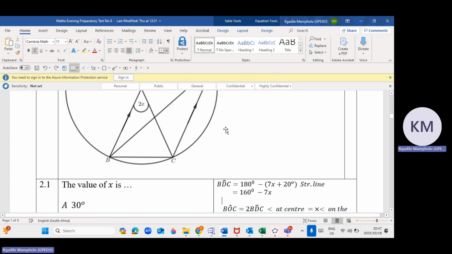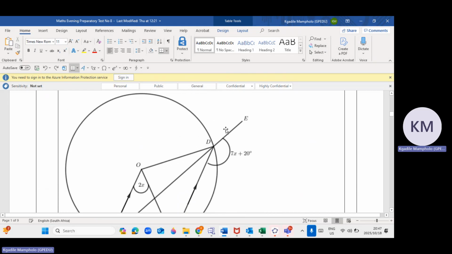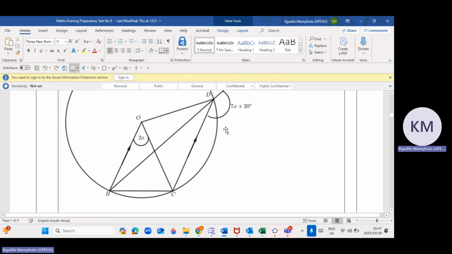The value of x is, now if you look at this, there's no theorem which takes us straight to the answer, because this one is outside, and 2x is not the interior angle of this quadrilateral.